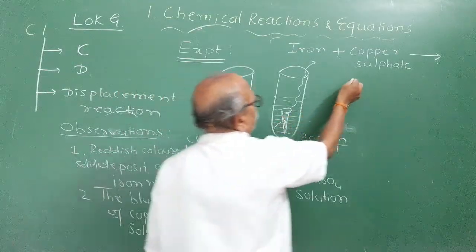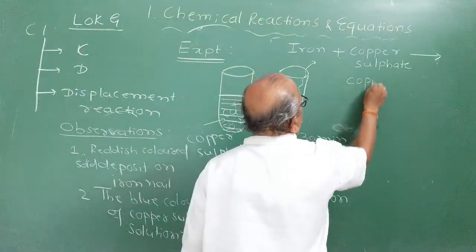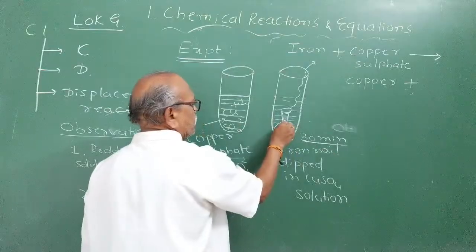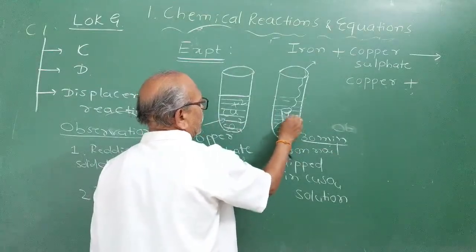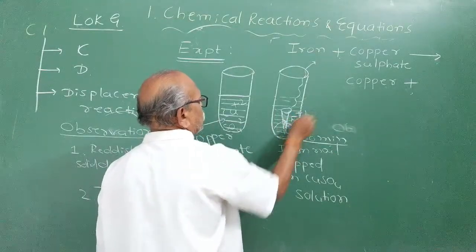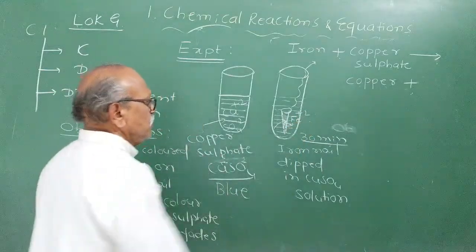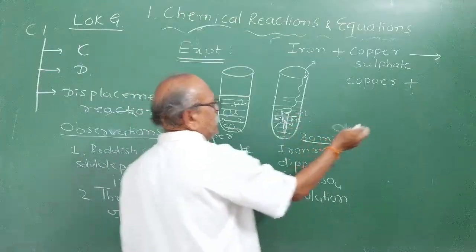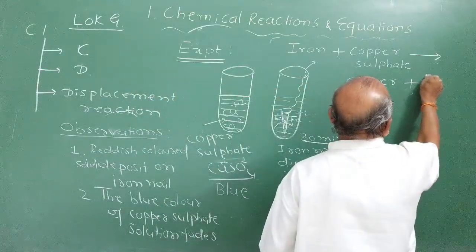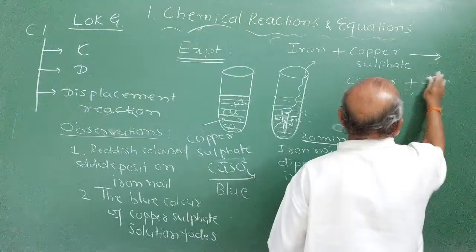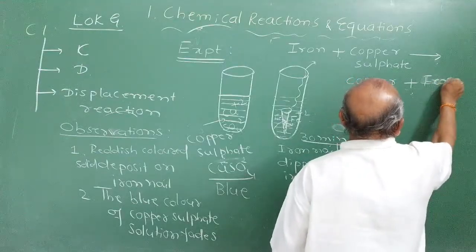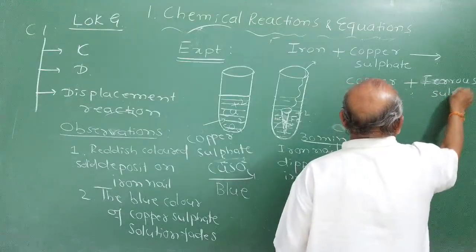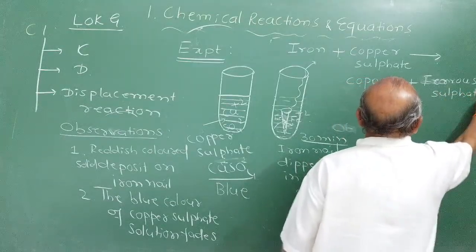Means the main product formed is copper deposited, plus the iron reacts with sulfate. Iron is converted to Fe plus 2 ion. This will combine with it and you get iron 2 sulfate or ferrous sulfate. This is the verbal equation.